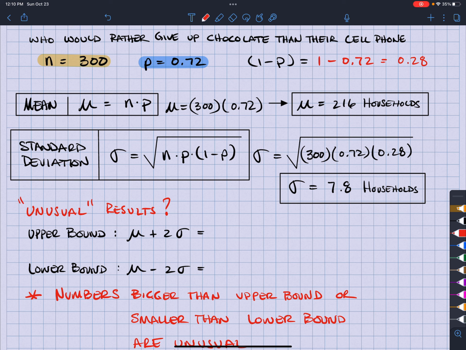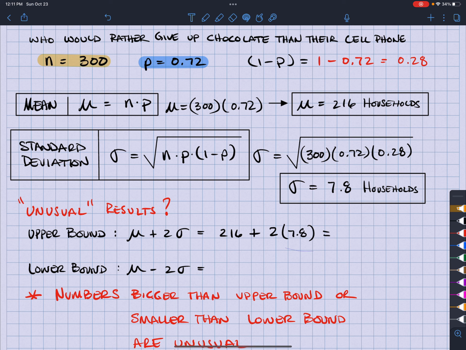The only time that it's going to be unusual is if it's above an upper bound or below a lower bound. So we actually have to find the upper bound and lower bound so that we know if the results are unusual. This is just going to be 2 standard deviations away from the mean. One is taking the mean, which is 216, plus 2 times 7.8, which is my standard deviation.